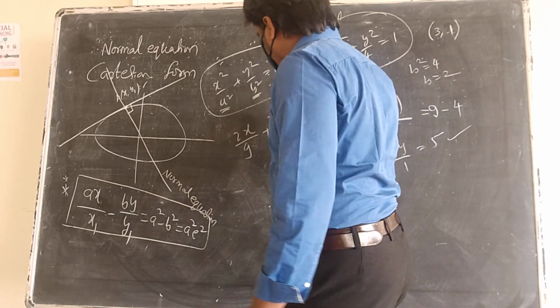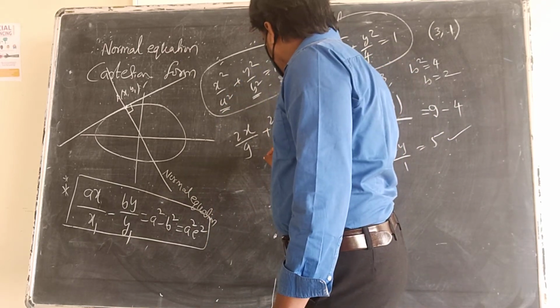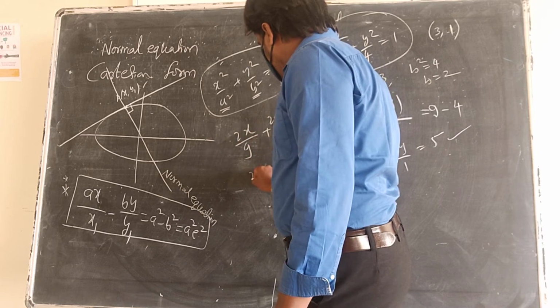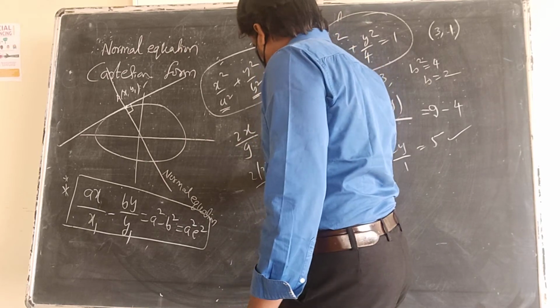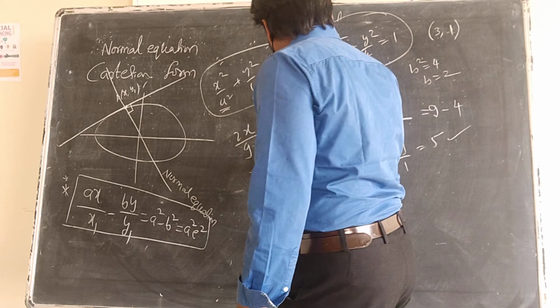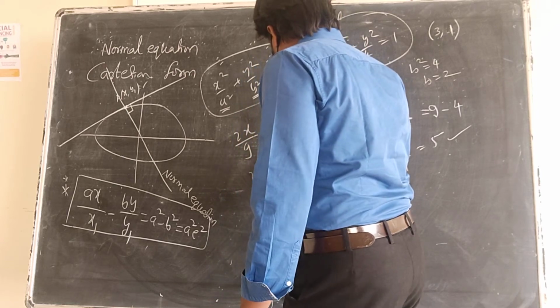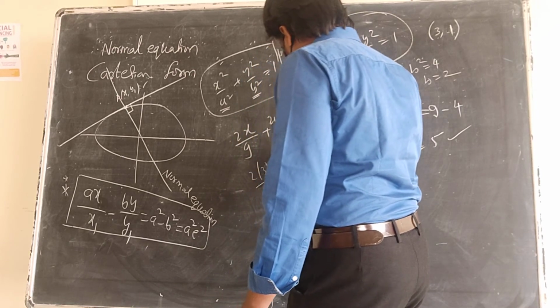First we have to find the differentiation value. So I get 2 into 3 by 9 plus 2 into 1 by 4 y dash is equal to 0. इससे क्या आएगा?